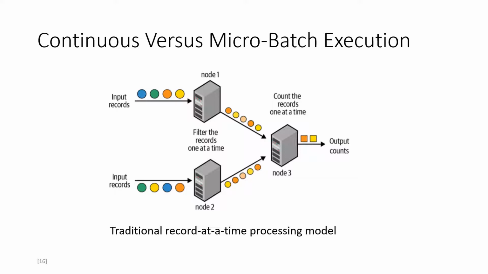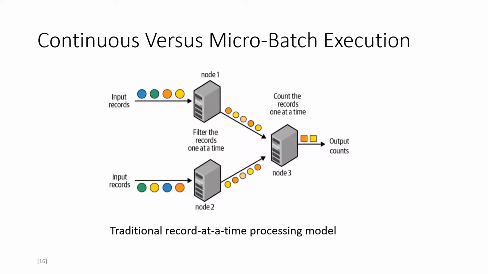In the continuous record-at-a-time model, we usually define a stream pipeline as a directed graph of a set of nodes. These nodes execute tasks that process event records one at a time.